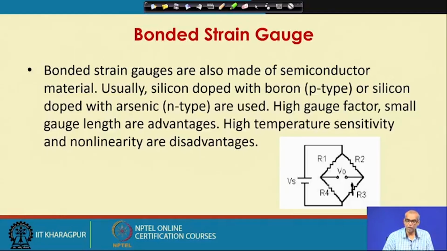So, semiconductor type strain gauges have advantages such as high gauge factor, small gauge length, but the disadvantages are that the gauge material is highly sensitive to temperature and the relationship is nonlinear.